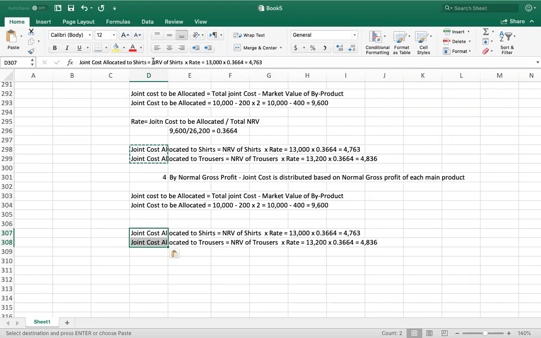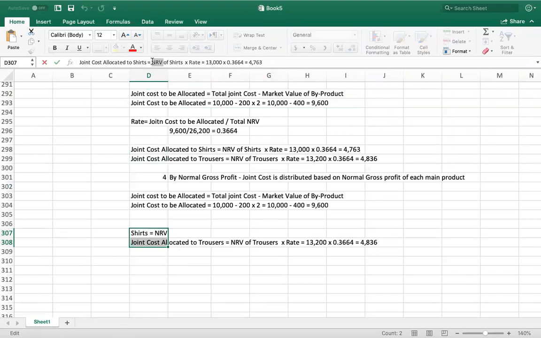Here it will be a little bit different. Here we will see final sales minus processing cost minus gross profit for shirts.